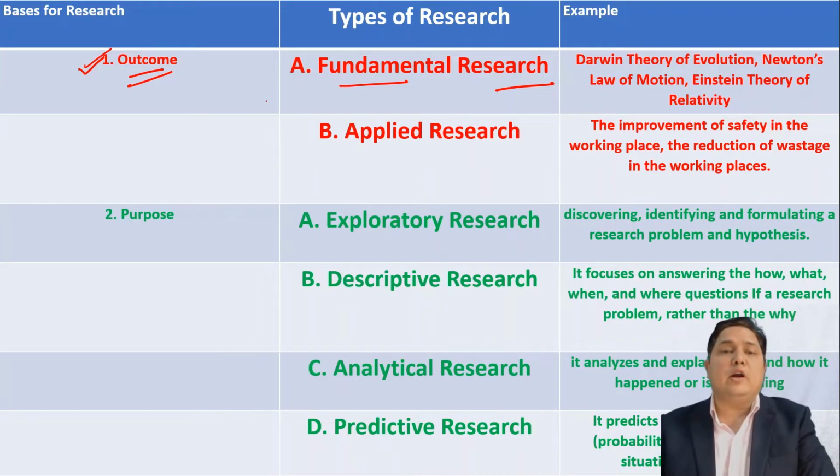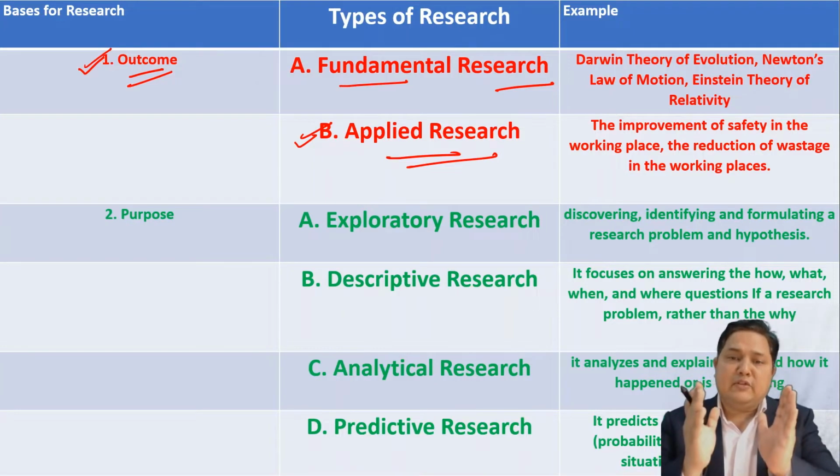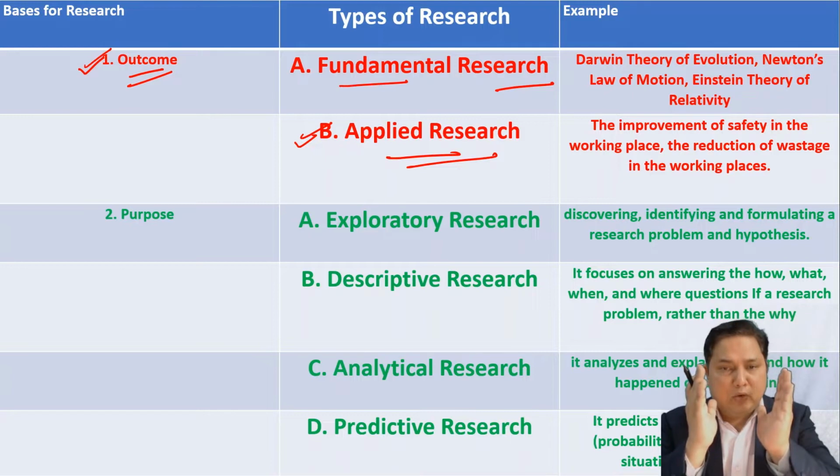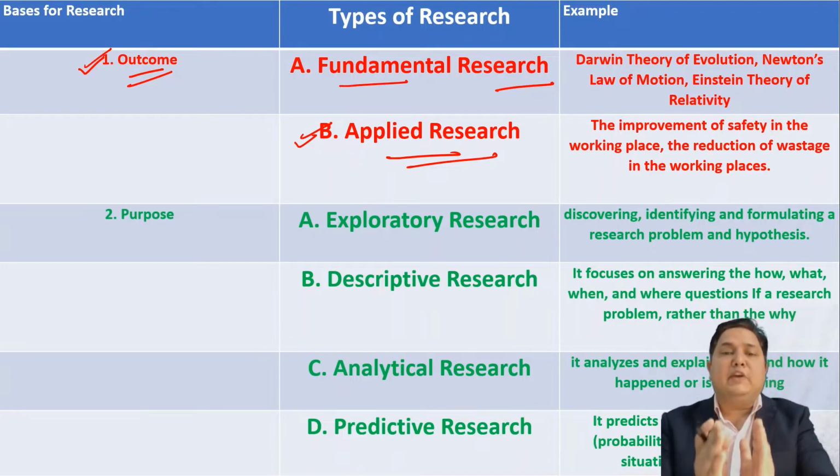And the second type on the basis of outcome is applied research. Applied research means we have a certain problem in a certain group of people or in a particular area where we need the result within a very limited time. For example, we are working in an organization where there is a certain problem.